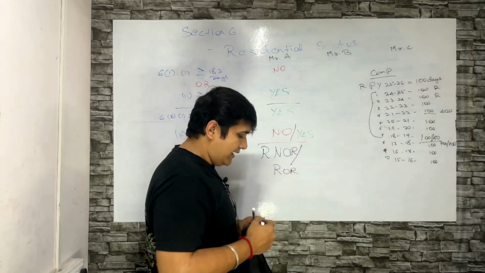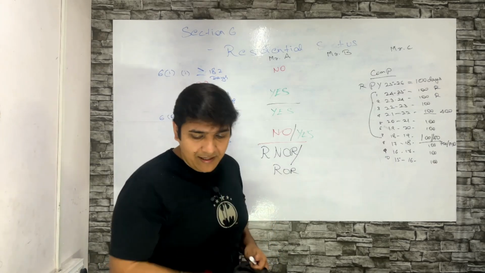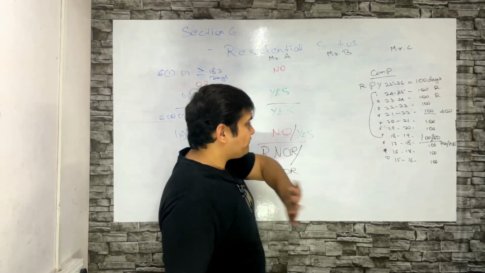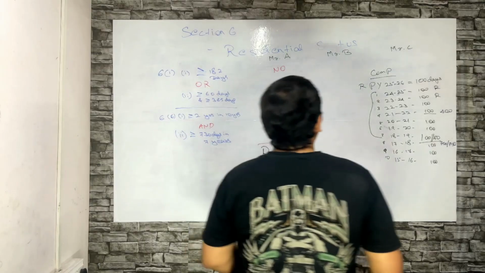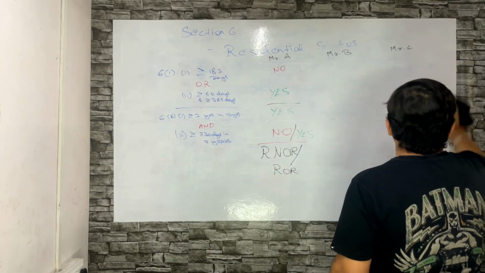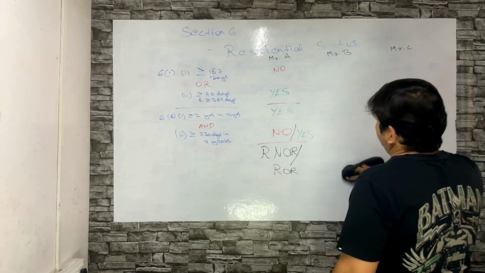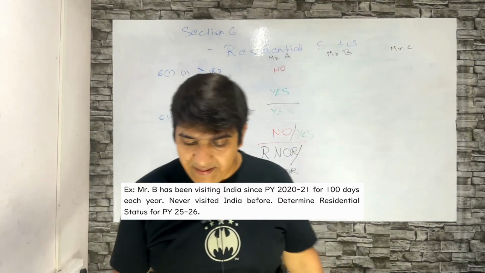What is ROR? Resident and ordinarily resident, right? I hope this example is clear. Now, moving on to Mr. B.